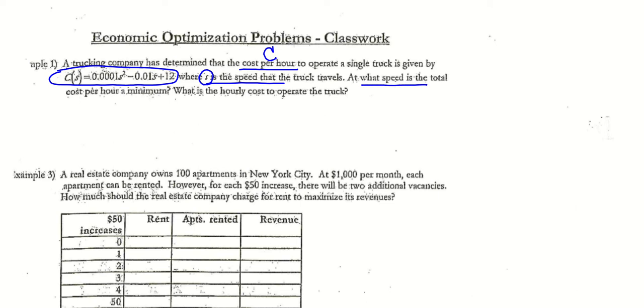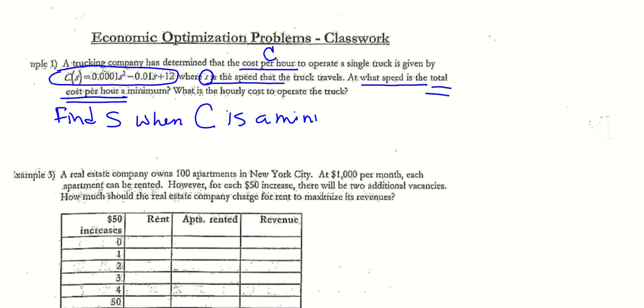So this is asking us to find the speed. So find S when the total cost per hour, capital C, is a minimum. Okay.